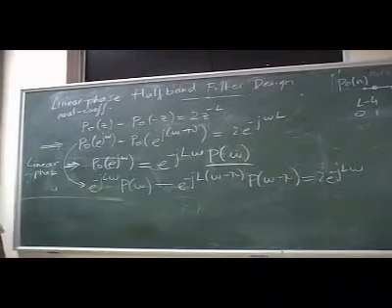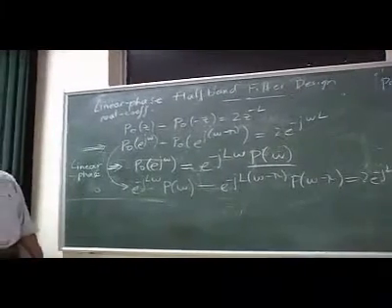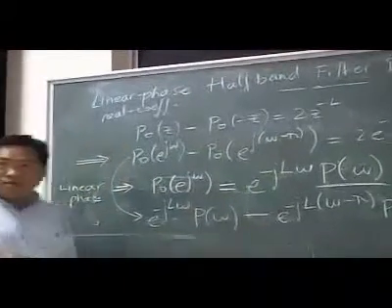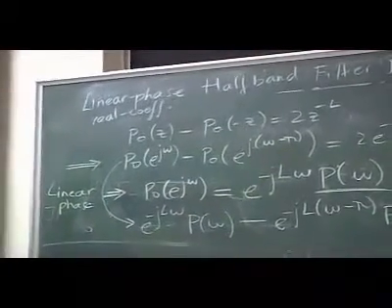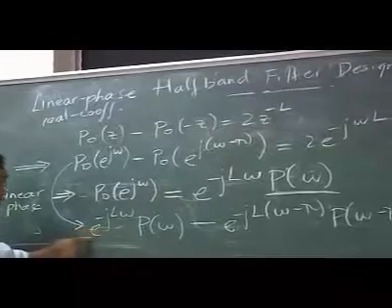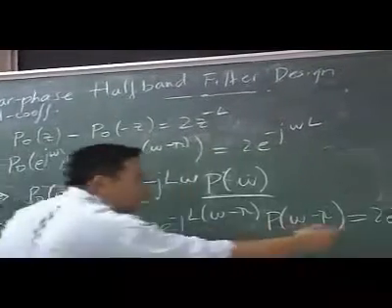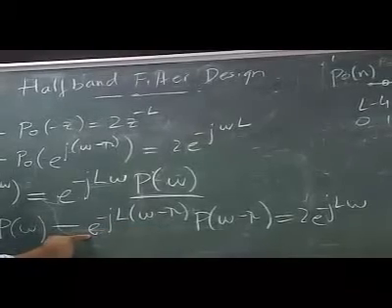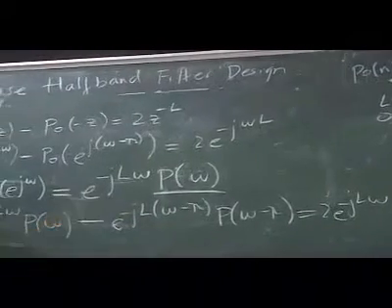So far, it's okay? All I'm doing here is substituting the linear phase form into the half band condition. And let's simplify, okay? I see that on this side I have e to the minus j L omega in each term. So I'm going to take them out and cancel them out.